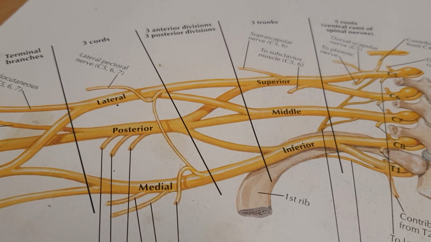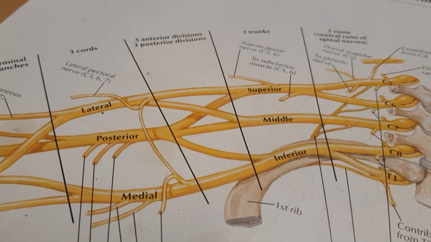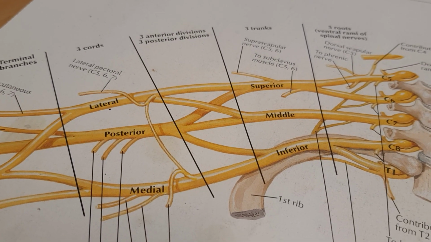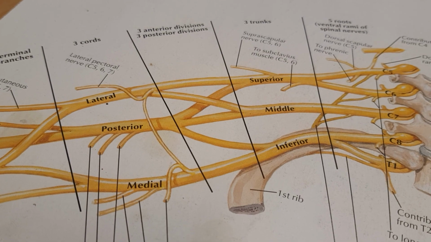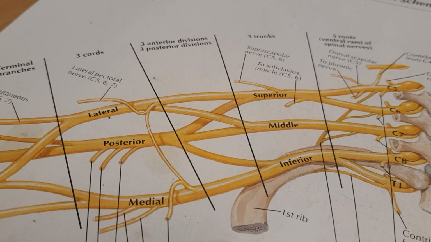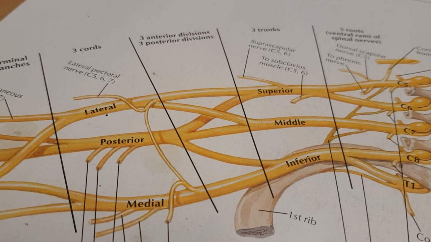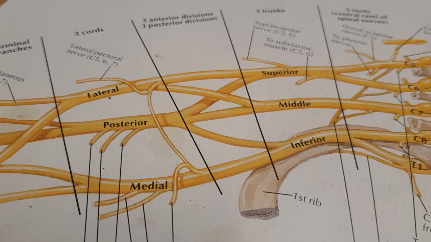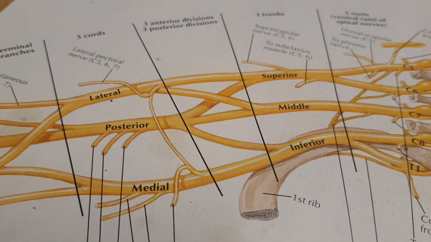They are easy. We'll try to simplify them. We mentioned the ones from the roots. We mentioned the ones from the trunks. We said there is nothing from the divisions. Now from the cords, there are 7 terminal branches that will supply muscle directly from the cords.